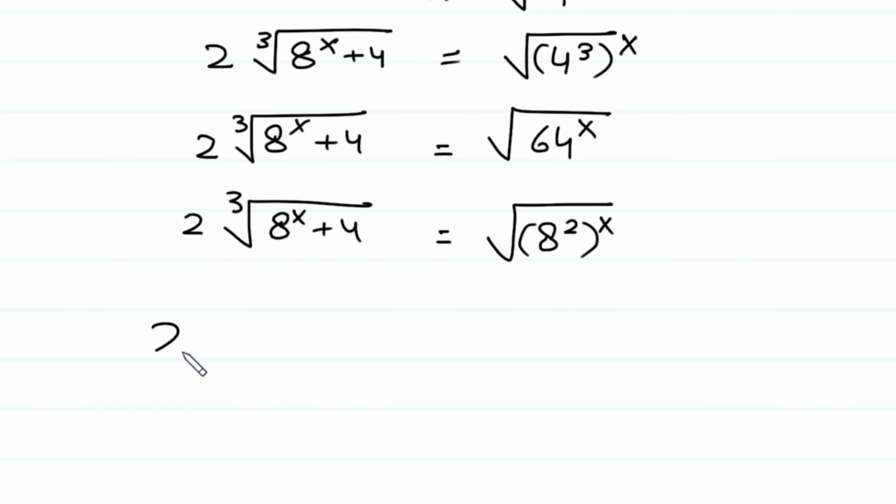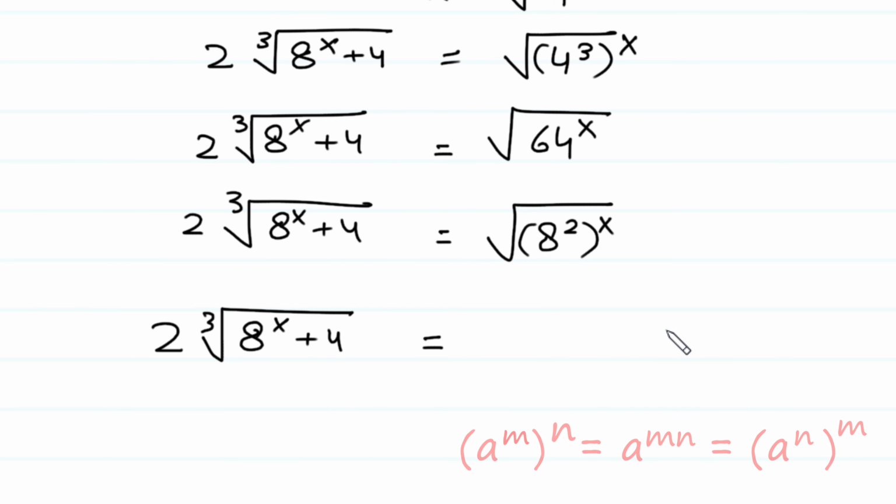Next, according to the rule of exponents, a to the power m to the whole power n is equal to a to the power n to the whole power m.